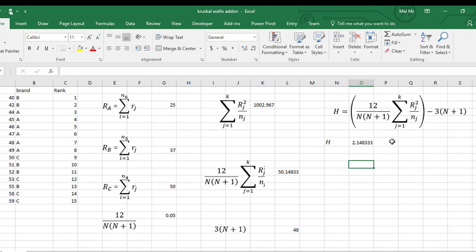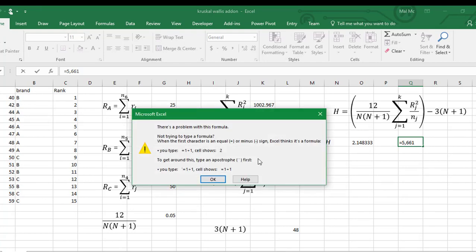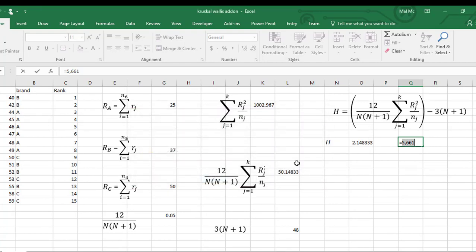So our H alpha is equal to, let's just write it here, 5.661. Our rejection region states that we should reject if H is greater than H alpha.